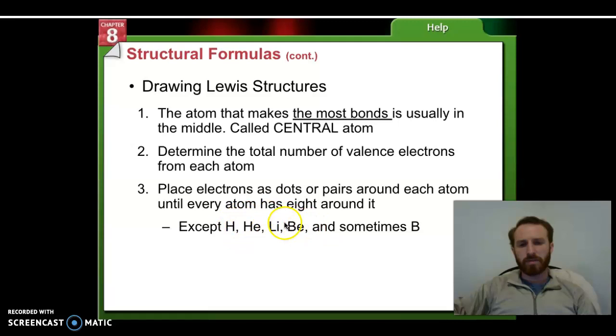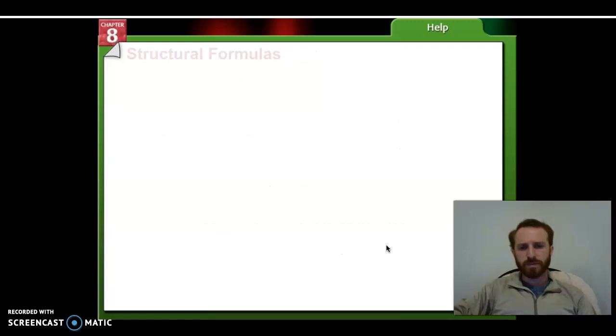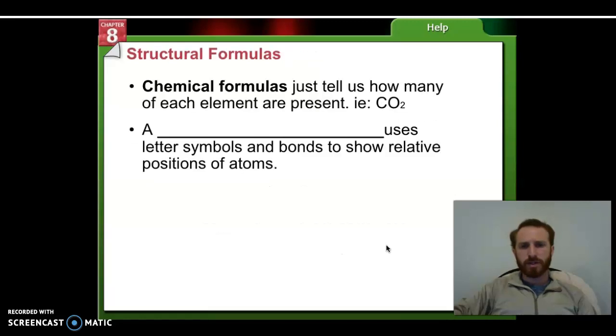Helium's not going to form bonds because it's a noble gas and already has an octet. Well, not an octet, but a duet. Lithium and beryllium are metals, so they're not going to form covalent bonds. Boron's one of those other non-metals in a certain sense that we could talk about, but don't worry too much about it. So let's look at what a structural formula is, right?